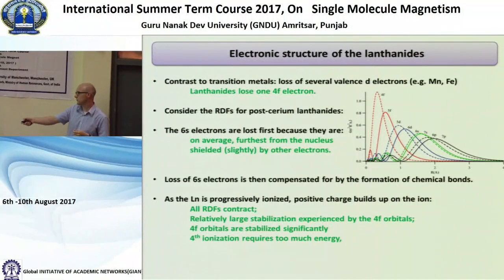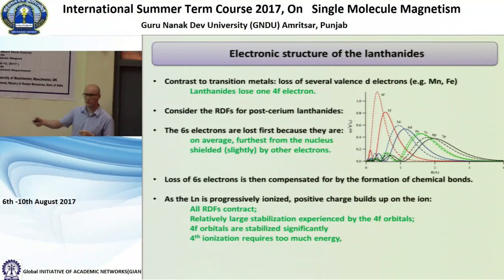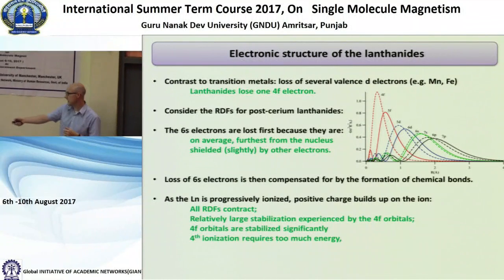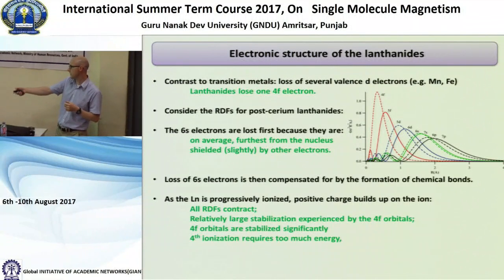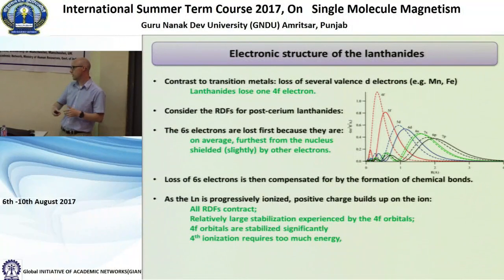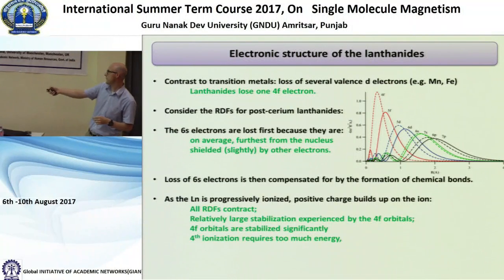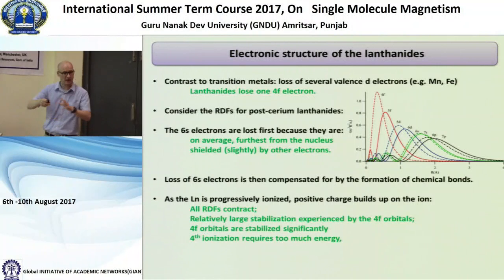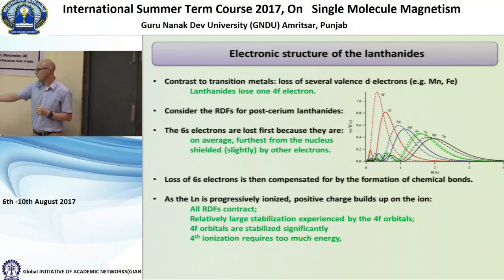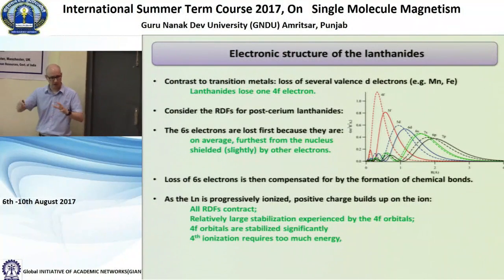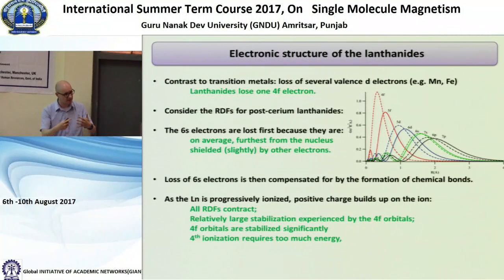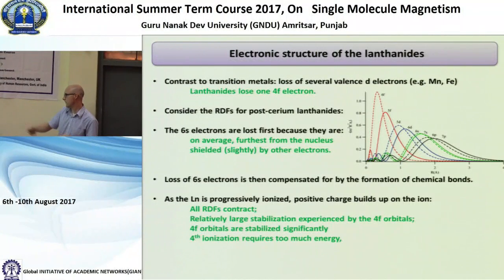But we must remain mindful of the fact that as we are losing these 6s electrons, as the lanthanide is progressively ionized, positive charge is building up on the ion. All of these radial distribution functions contract, they shrink. Because they shrink, they become closer to the nucleus and are relatively stabilized, and the 4f orbitals experience this to a very significant extent.